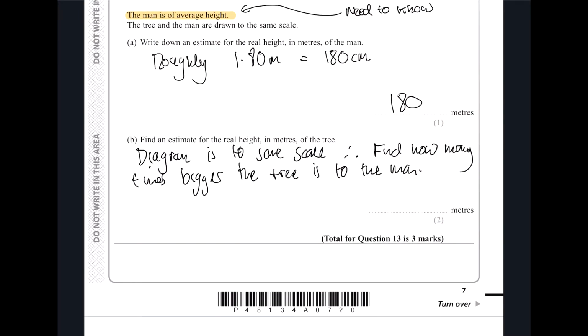If he's 4 times bigger, then the tree height would be this scale factor times the height of the man, because we know the drawing is to scale. That's roughly 4 times 1.8. 4 times 0.8 is 3.2, and 4 times 1 is 4. So I'd roughly get around 7.2.